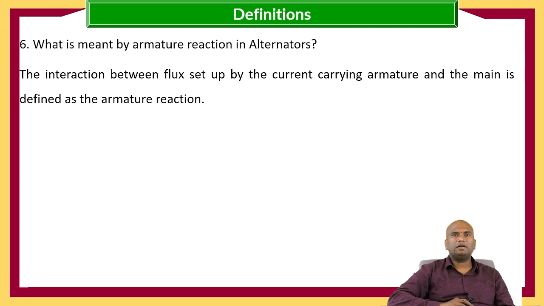The major problem with the armature reaction is that the main flux is going to be distorted. Because the main flux is distorted, the induced EMF will change. So that is the major problem which we get with armature reaction.